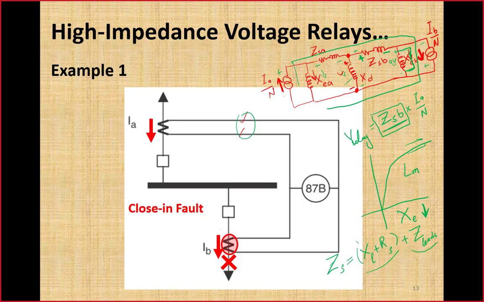In order to reduce this leakage reactance X, there are a few assumptions. The first assumption is that we will use the maximum turns available in the CT secondary when connecting for the high impedance voltage relay. This means we are not going to use the tappings, because when we use a smaller tap as compared to the full CT secondary winding, the leakage reactance will increase and leakage flux will increase.